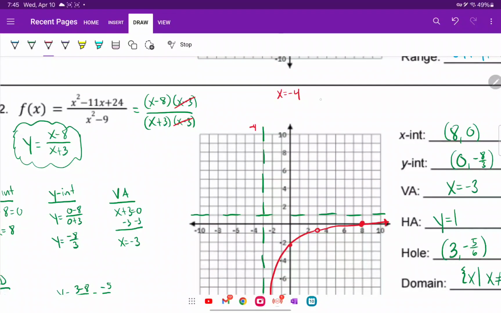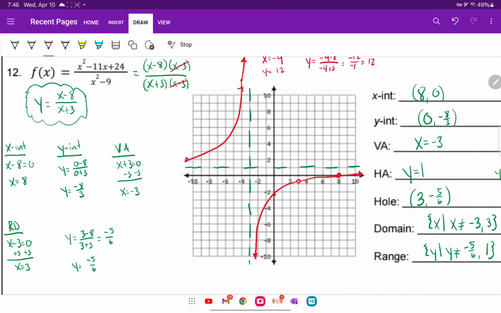So y equals (x minus 8) over (x plus 3), so -4 minus 8 over -4 plus 3, which is -12 over -1, which is 12. So let's go -4, positive 12, which is somewhere up here. And just make your graph. This one goes up like that. And there you go. There is your graph.